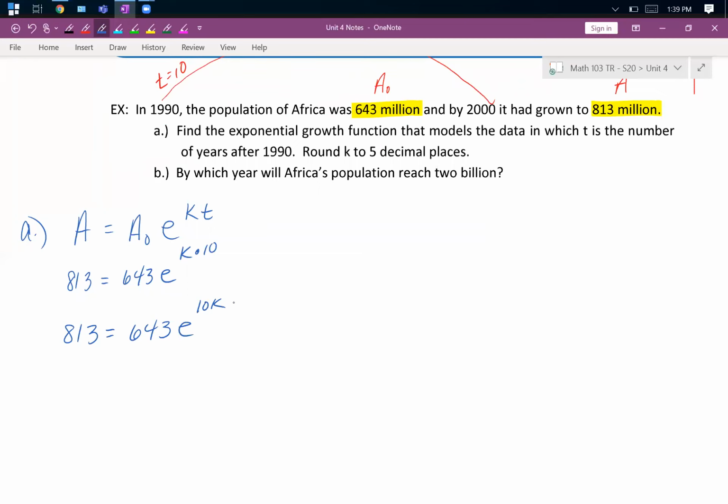We always want to start by isolating the exponential portion. So let's divide both sides by 643. 643 does not go into 813 nicely, and I certainly don't want to round on my first attempt, so I'm going to leave the fraction.